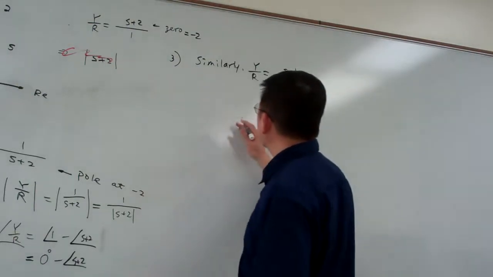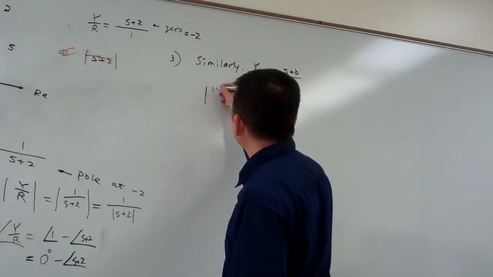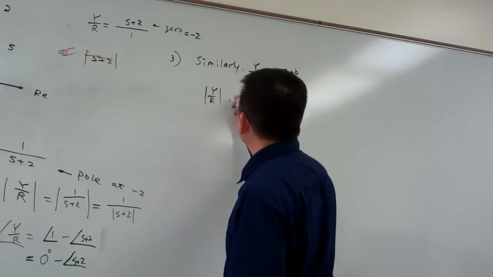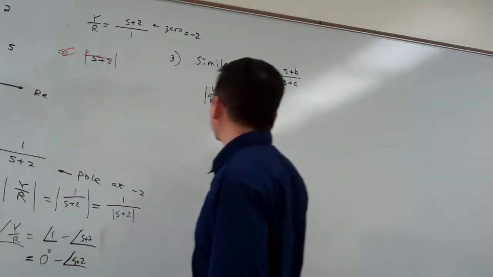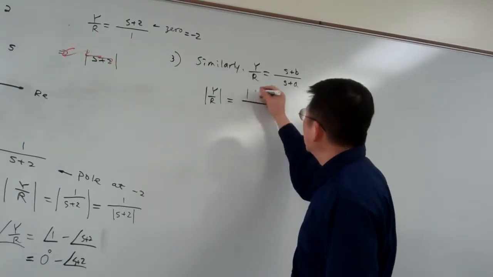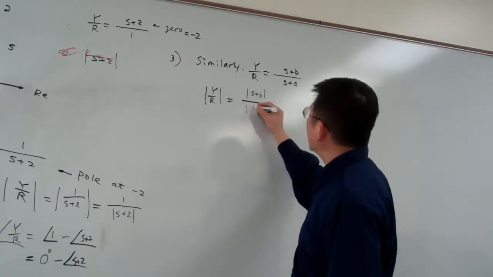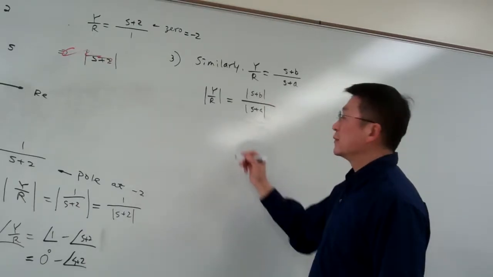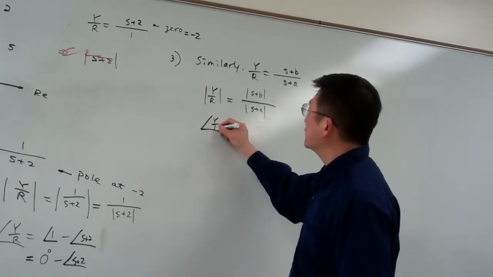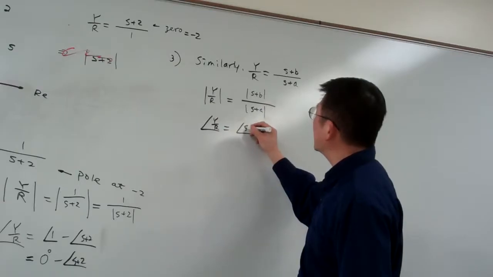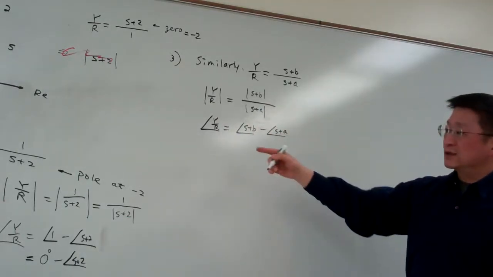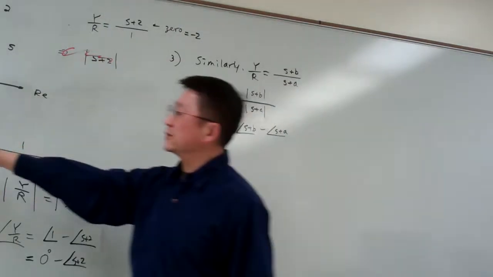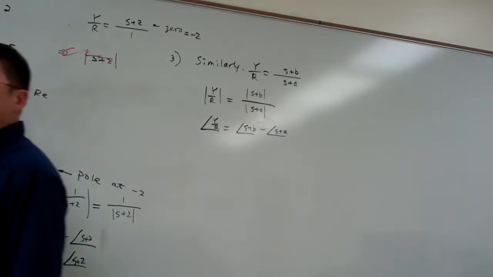Under these situations, we are going to calculate the magnitude, and this one will be easy. Plugging into those properties, it is simply the magnitude of s plus b divided by the magnitude of s plus a, right? And its phase angle is the phase of s plus b minus the phase of s plus a. That is the direct calculation per these properties.